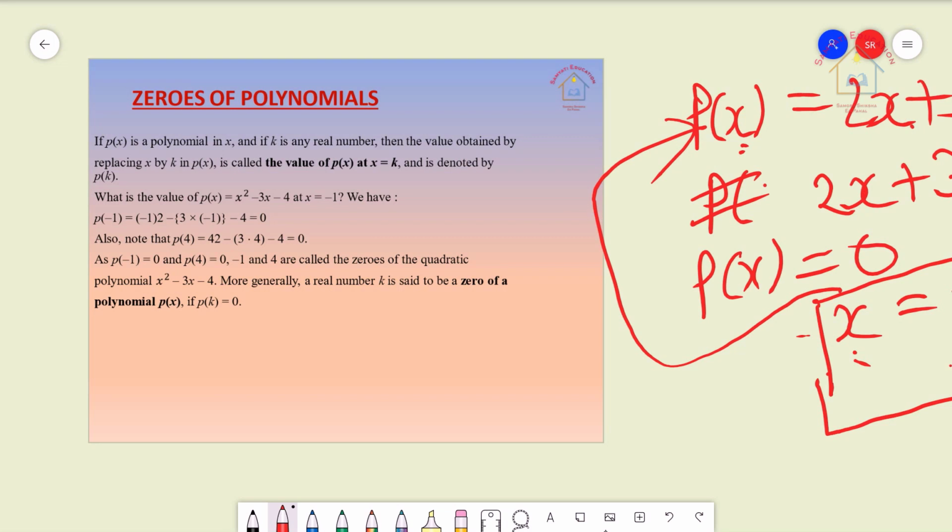For example, here the example is x square minus 3x minus 4, and when we put x is equal to minus 1, then this becomes 0. Or if we put 4, then this polynomial also becomes 0. Then we come to know what the zeros are over here. That is minus 1 and 4. I hope you people come to know about the zeros of the polynomial.